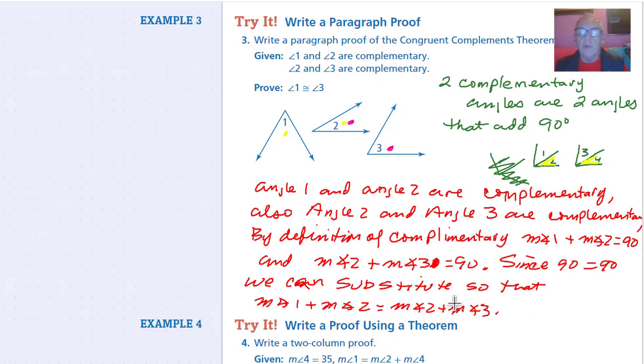If we subtract measure angle 2 from both sides, we get measure angle 1 equal to measure angle 3.